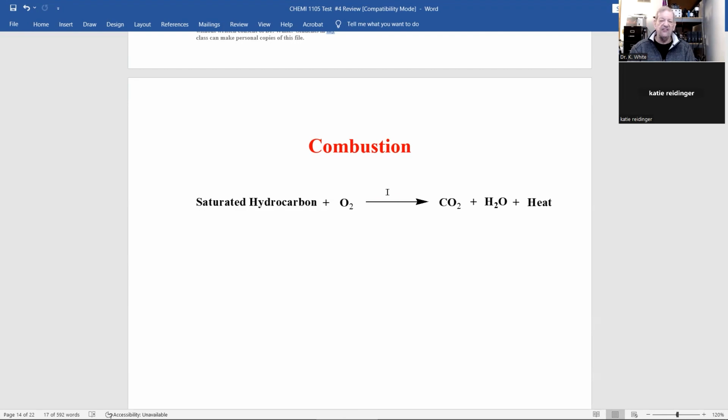And for my class, for organic chemistry, unless you have to, you don't. So when you react with oxygen, the two chemicals you get are carbon dioxide, CO2, and H2O, water. An important other thing is heat.